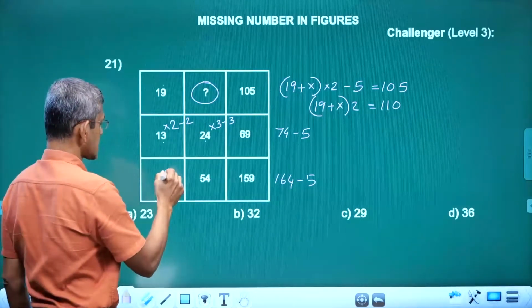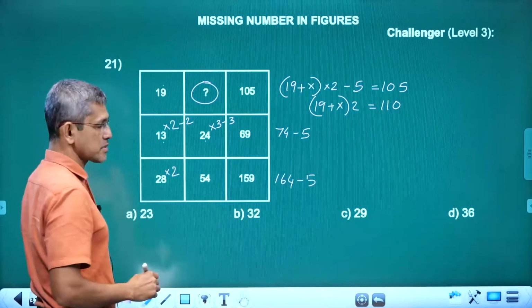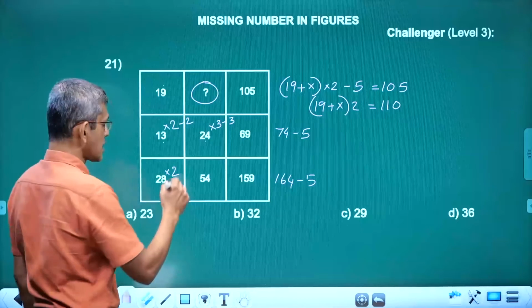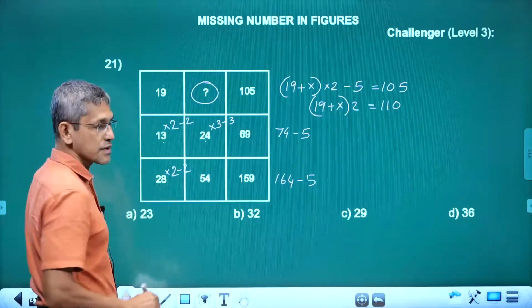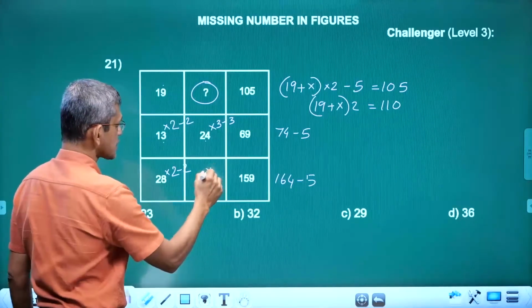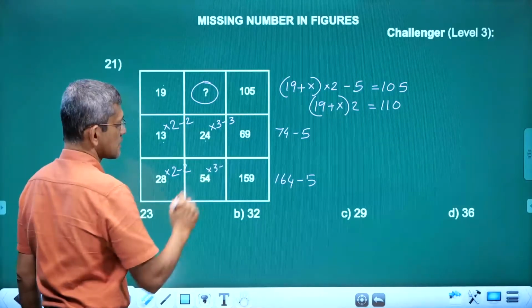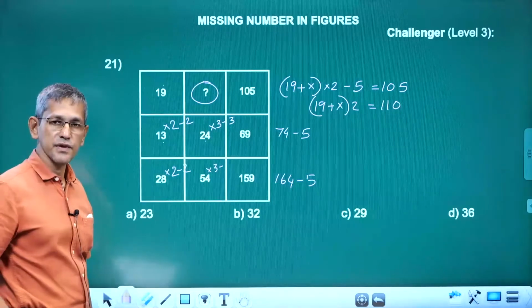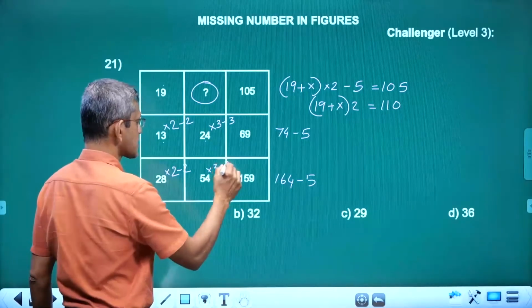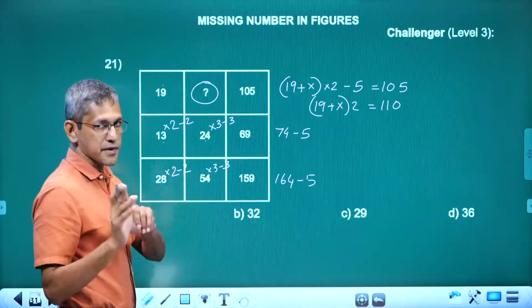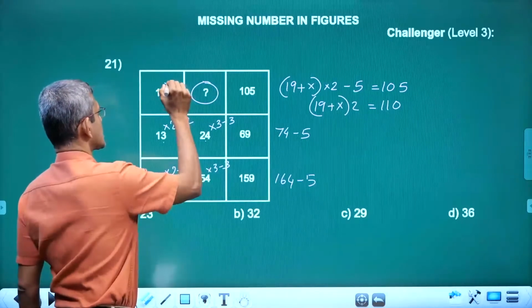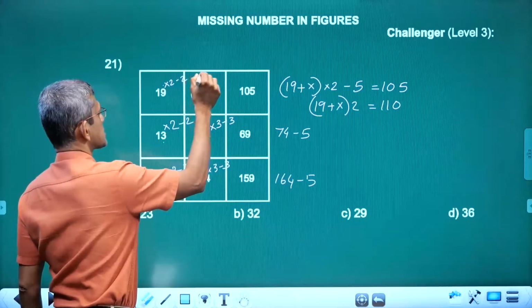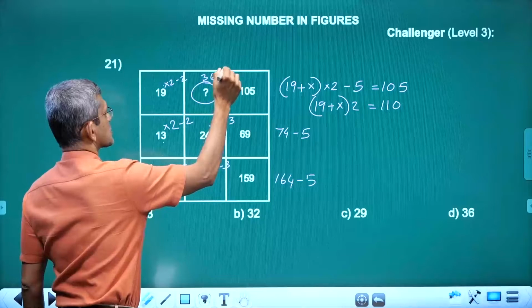And in this case, 28 into 2 is 56. 56 minus 2 is 54. Now 54 into 3: 50 into 3 is 150, 4 into 3 is 12. 150 plus 12 is 162. 162 minus 3 is 159. Perfectly all right. So in that case, 19 into 2 minus 2 is 38 minus 2, which is 36. 36 into 3 minus 3.